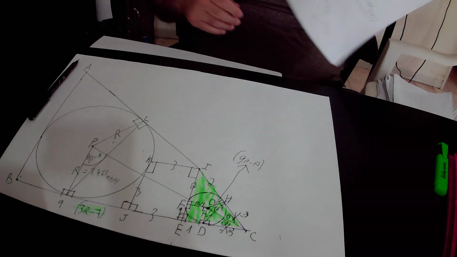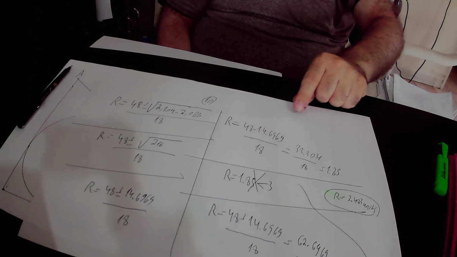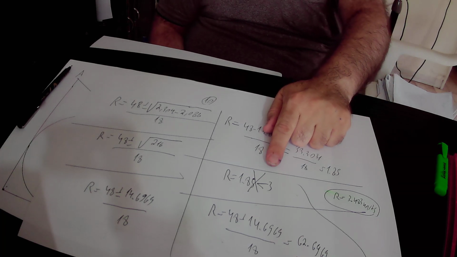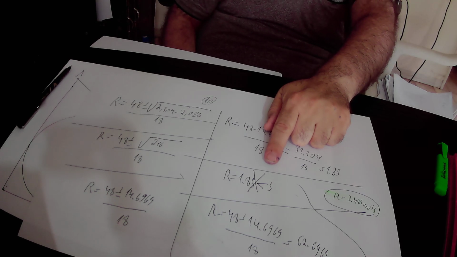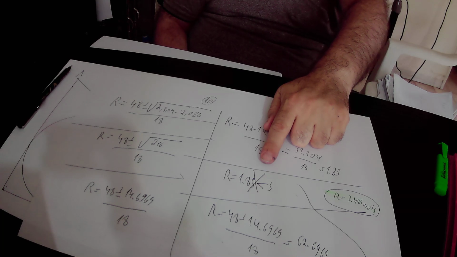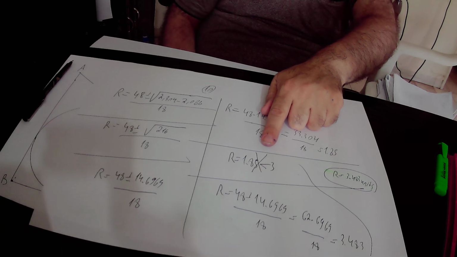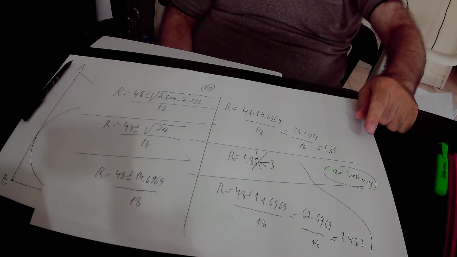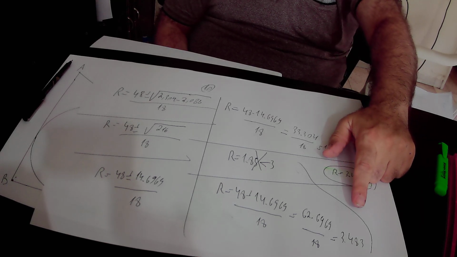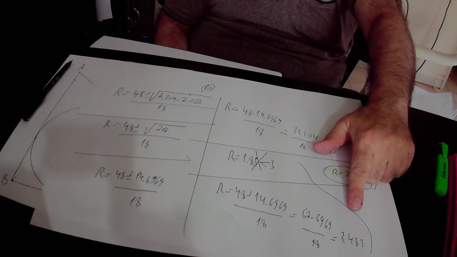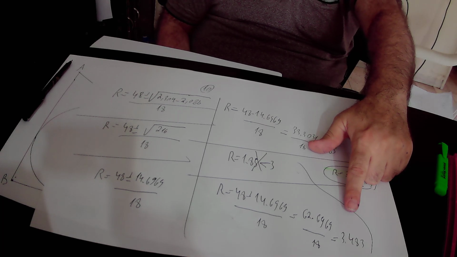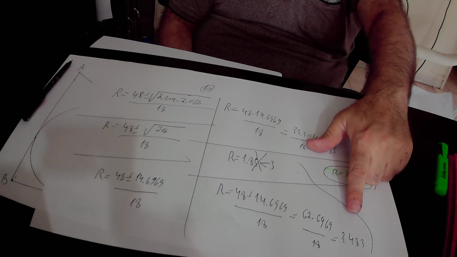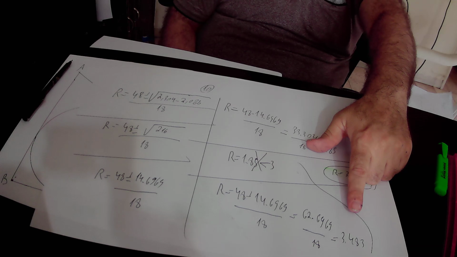The first answer to this quadratic equation is that R equals 1.85 units, but R cannot be less than 3 units, and 1.85 is less than 3 units, so we cancel this solution, and we have the second solution that R equals 3.483 units, and here R is greater than 3 units, so according to our analysis, this is a possibility where we don't have any contradiction if R is greater than 3 units.